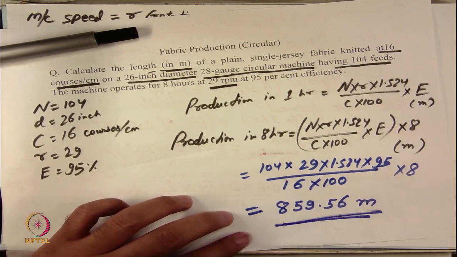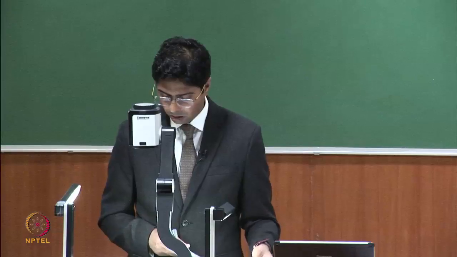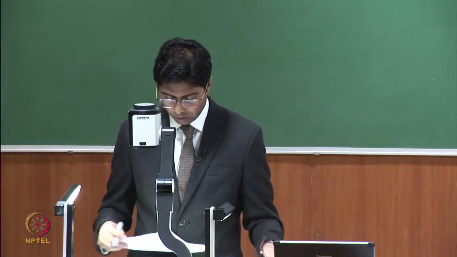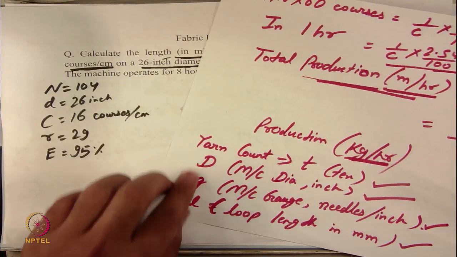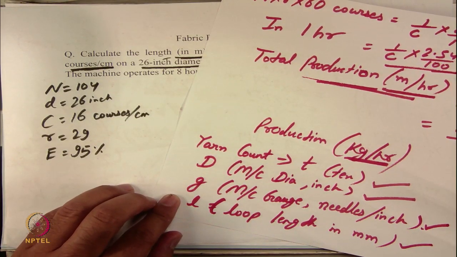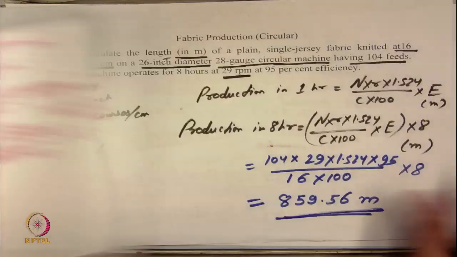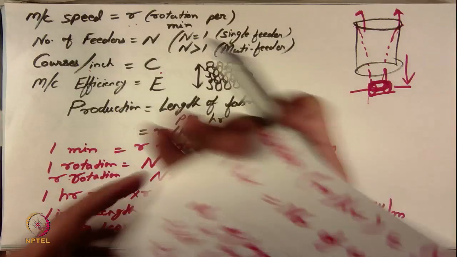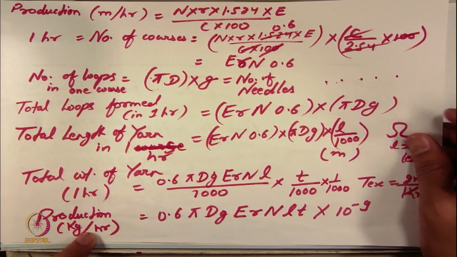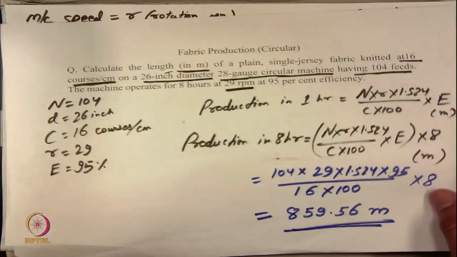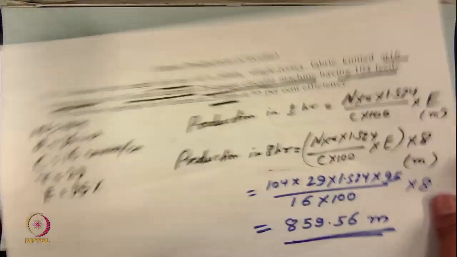With this you can actually find out the productivity, since other values are also given except yarn tex. So, if you know the yarn tex, D, machine gauge and L, then you can also calculate the production in kg per hour. So, depending on the questions or the requirement, you can use this useful relationship and match with the reality.